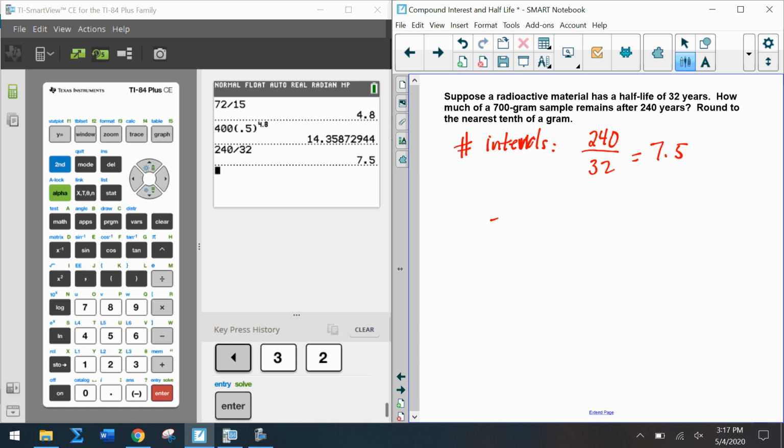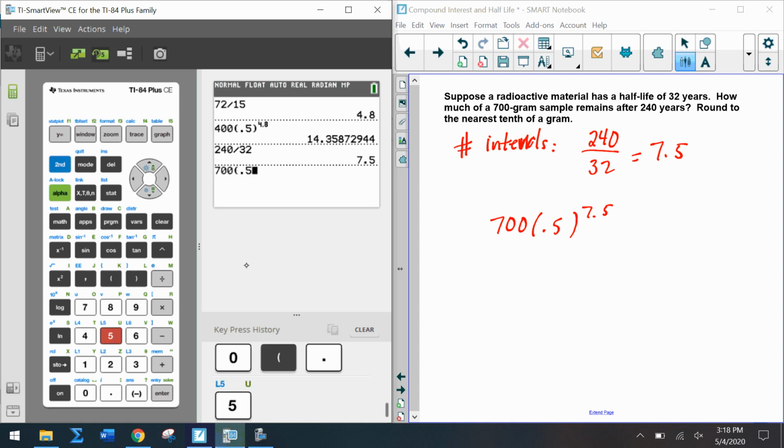So here comes our exponential decay model. We're starting off with 700 grams, and then our multiplier is half, right? With a half-life, everything's halving in each interval. When we plug that into our calculator, we get 700 times 0.5, close parentheses, raised to the 7.5.